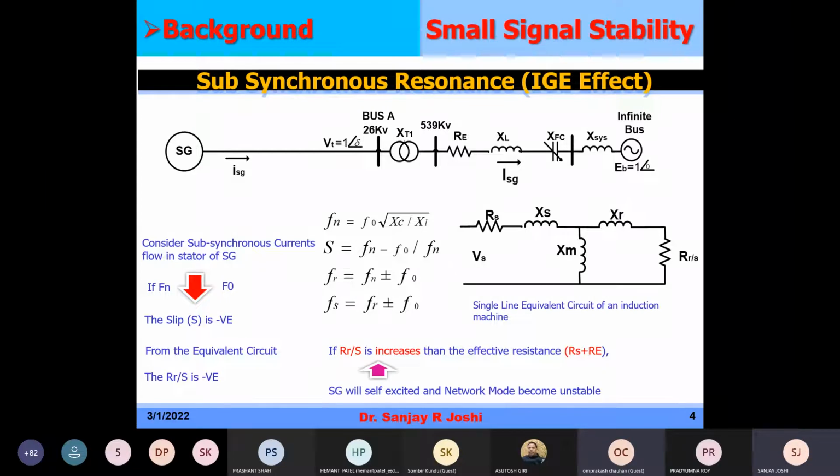So fn is less than f0, right? So the natural frequency of oscillation is less than f0.